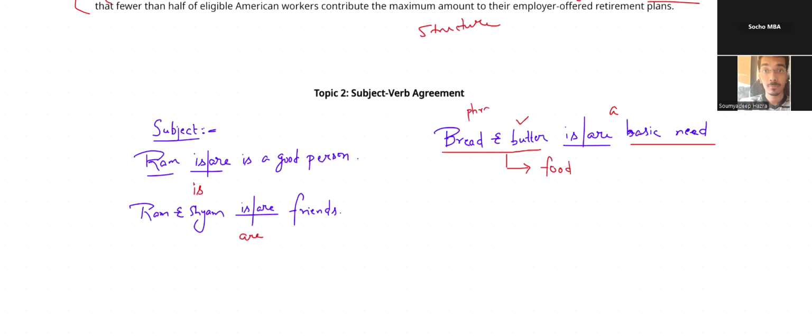A phrase is a group of words which signifies something. It might signify an adjective, an adverb, or a noun. Here it signifies food, which is a noun. We will get into this afterwards. Done?